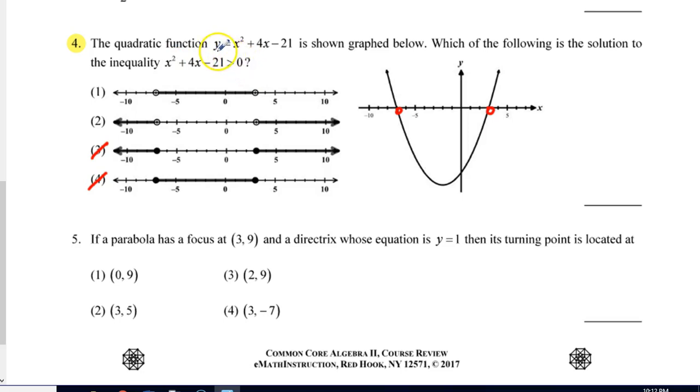So because we replaced our y with a 0, we want when the y values are greater than 0, so up here. So then transferring that over into a number line, it looks like number 2. If you had chosen the numbers down here between those 2 x-intercepts, you'd be getting the points that give us a y value less than 0.